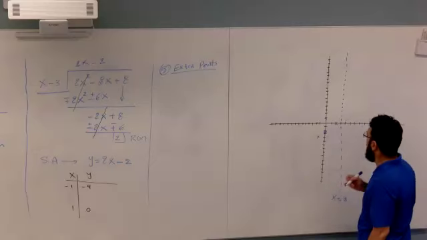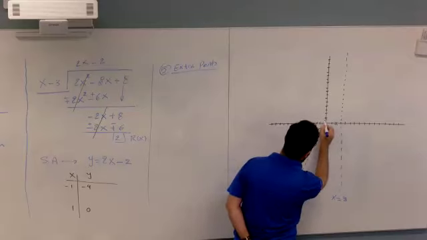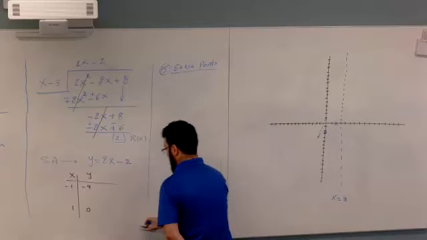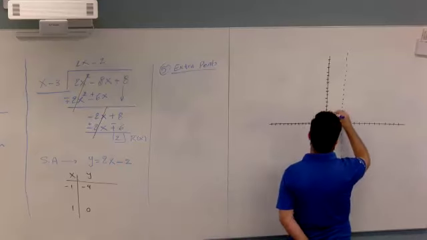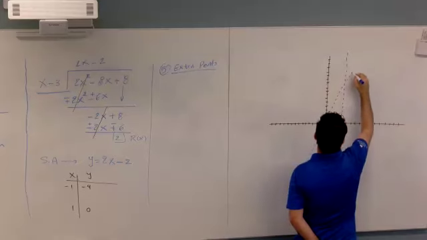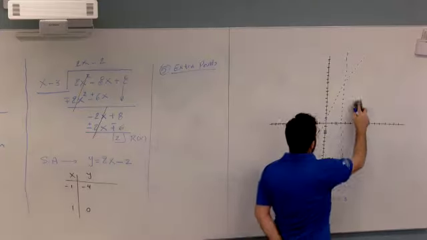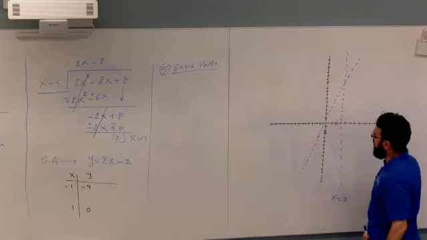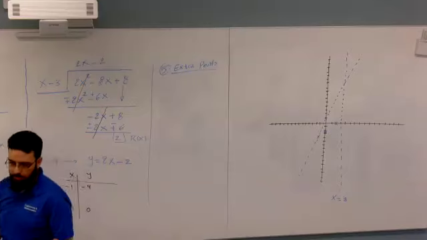This is not how to do the graph. The slant asymptote is okay.